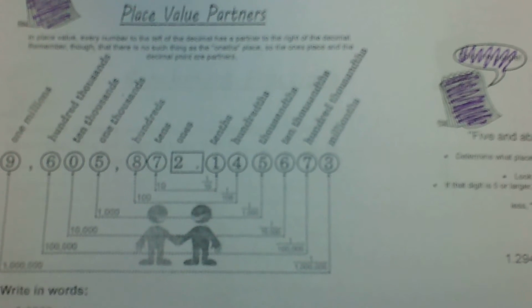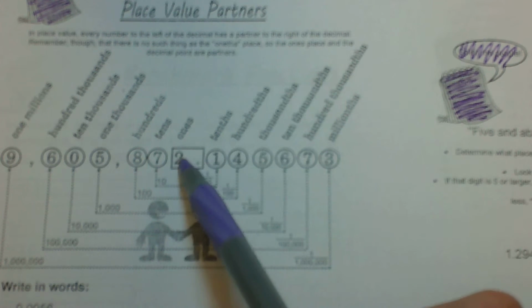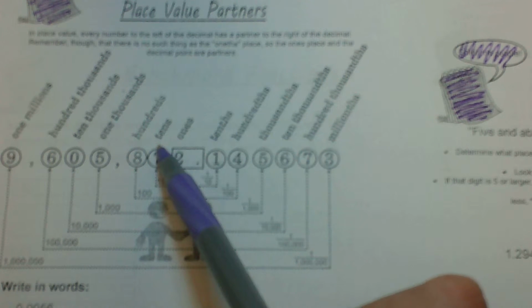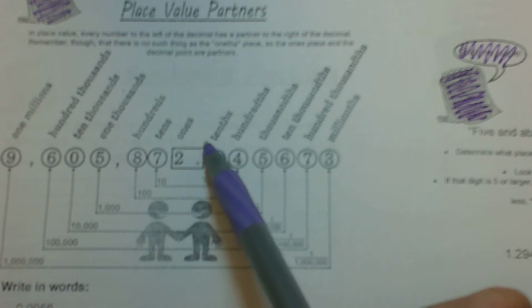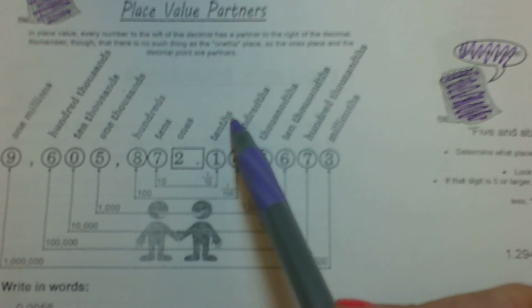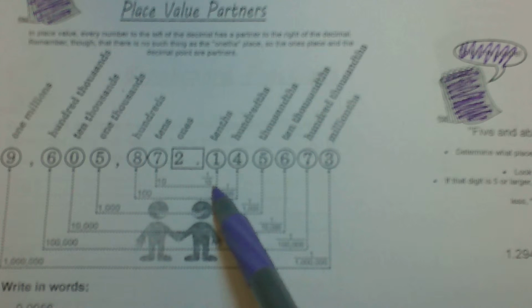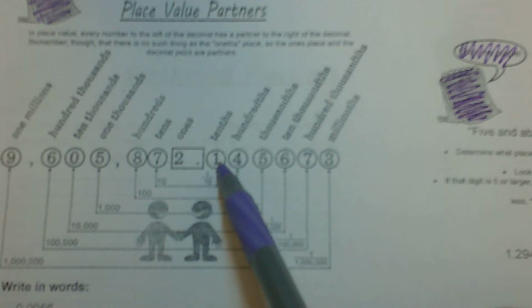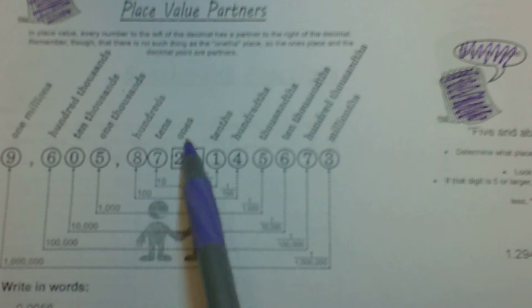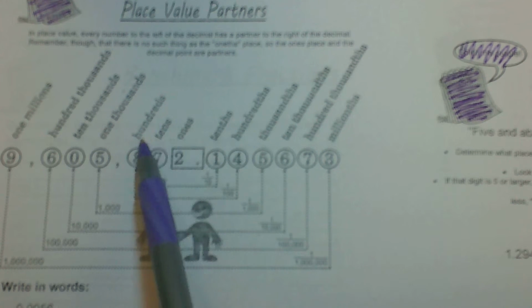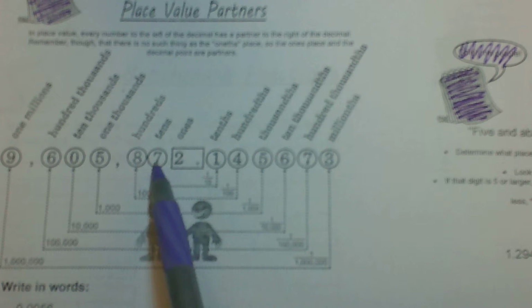Okay. If you look one space to the left of that box, you have the tens place. And if you look one space to the right of that box, you have the tenths place. So tens and tenths are partners. If you go 2 places to the left, you end up at the hundreds place, 872.